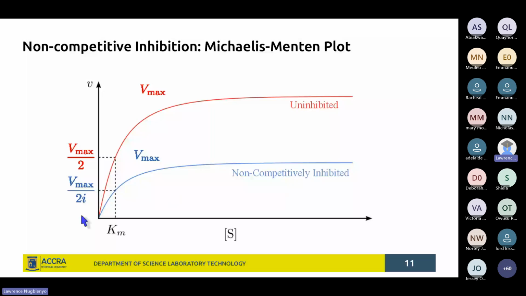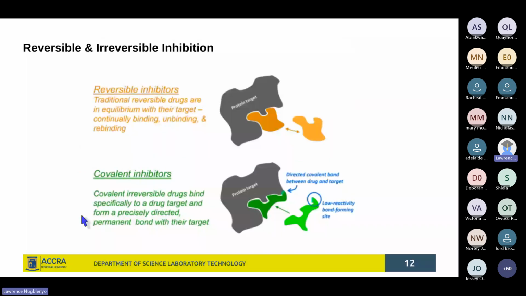Right. Now you can also have what we refer to as reversible and irreversible inhibition. So as the word suggests, reversible means that the binding of an inhibitor to an enzyme can be undone.